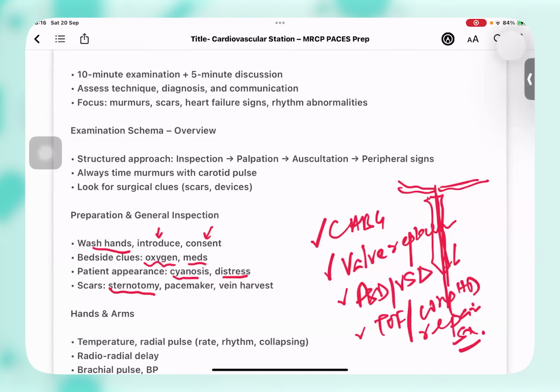So you need to know that every mid-sternotomy scar is not a CABG scar. You should keep everything in mind.